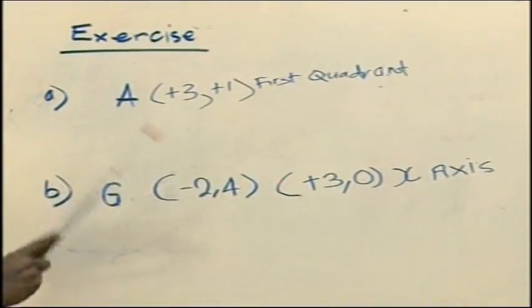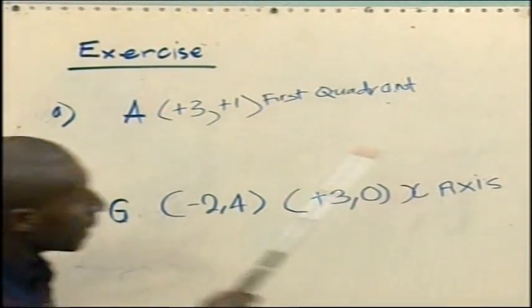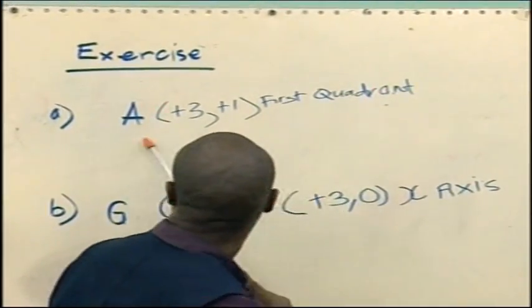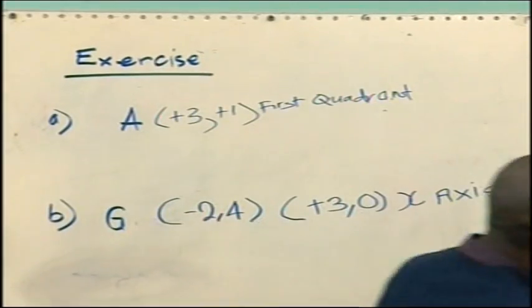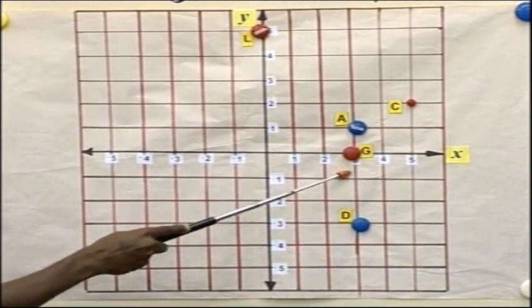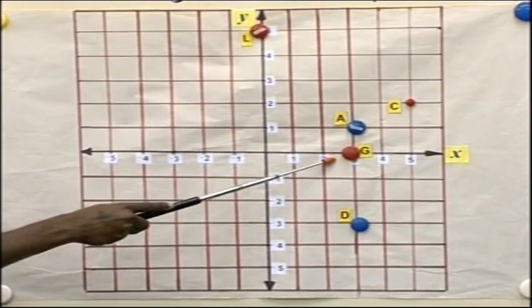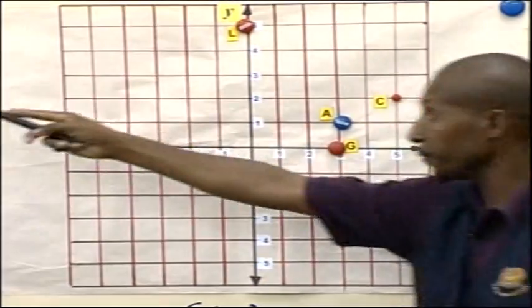Okay, let's look at the two answers here. Coordinate, exercise A, are the coordinates correct? What is the x-axis? The x-axis is 3, which is positive 3.